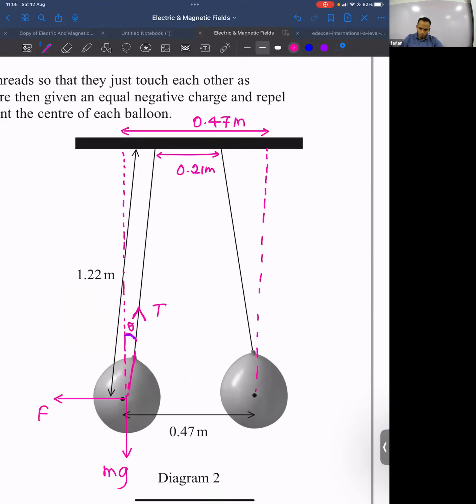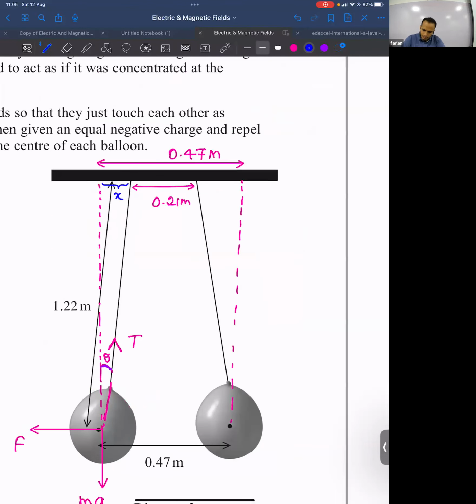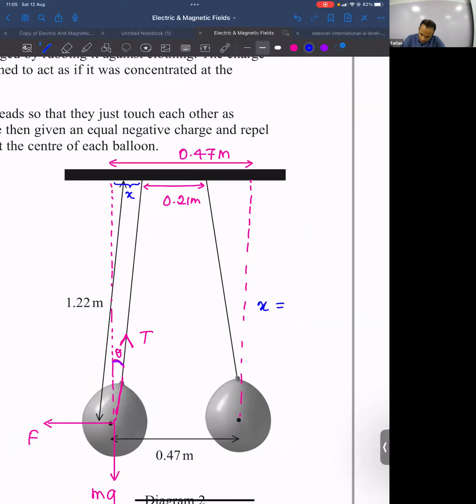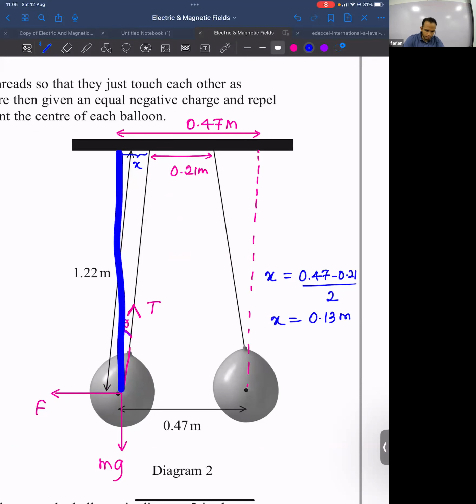If I take this length to be x, simple maths: x equals (0.47 minus 0.21) divided by 2, which is 0.13. So x is 0.13. The rest is simple trigonometry for this triangle. I know this length from here to here is 1.22.